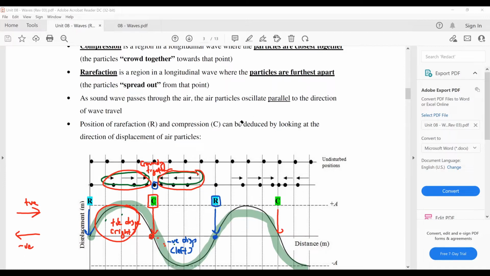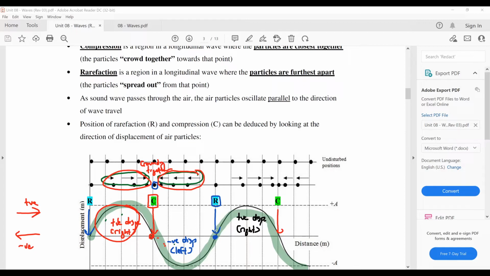What about the right side of that particle? The right side of that particle, you will notice again, sorry, maybe I use a different color. You will notice again that this one is positive displacement. Maybe I use black. Okay. You will notice that this is positive displacement where all the particles are moving towards the right.